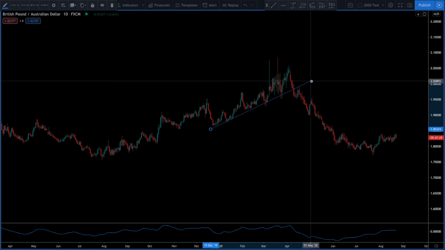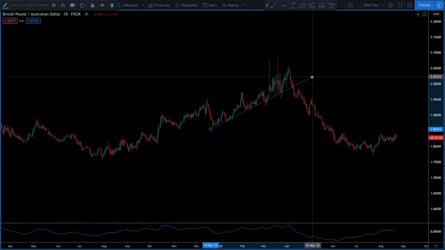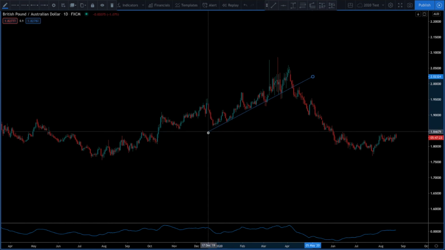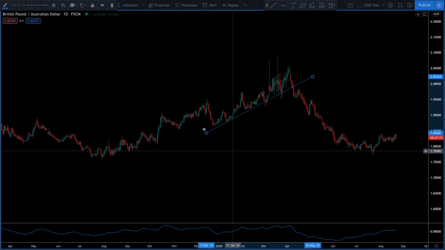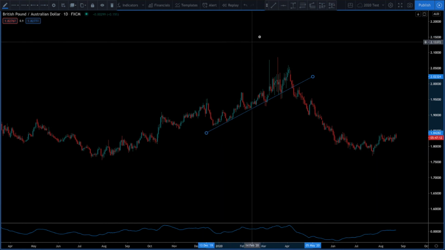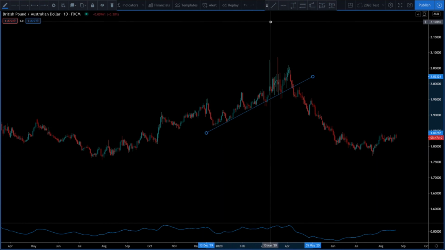So in this example, I'm going to show you where I would draw in the trend lines. The tricky thing with trend lines is that multiple people are going to see different things, so you want to draw the most accurate line that the majority of people would see.